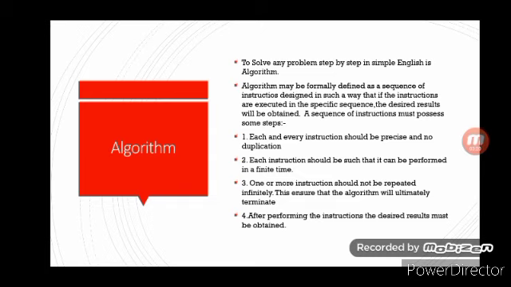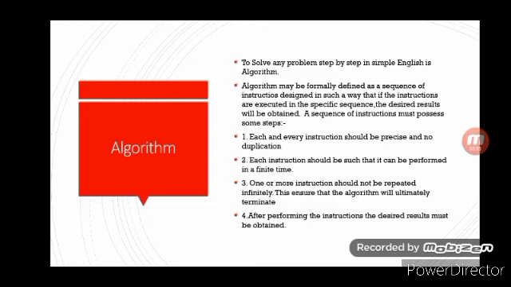The first point is, each and every instruction should be precise and without duplication. Each instruction should be such that it can be performed in a finite time. This is very important. If we are not doing this, then it will go on infinitely and we are never going to get our answer.